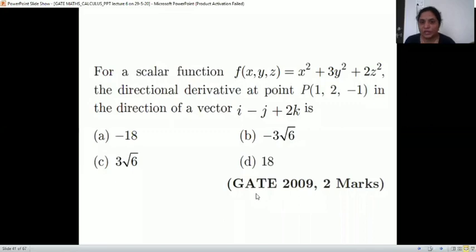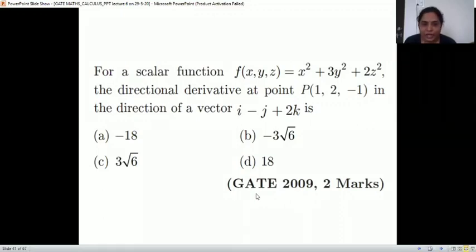Remember, if phi is a scalar function, then its directional derivative in the direction of a bar is del phi dot a cap. Are you noting down? It's very important. Once again, I'm telling you, if you want to note down, please note it down.